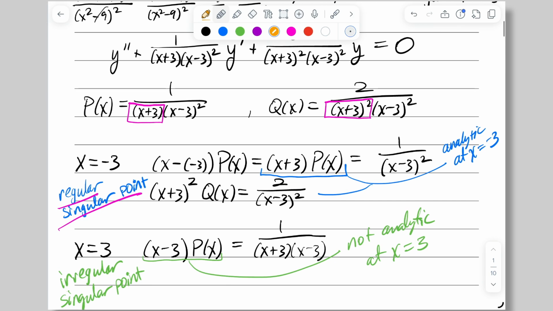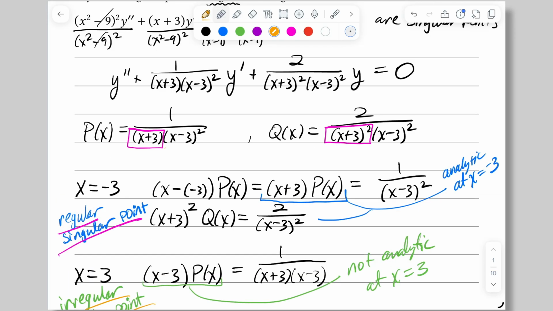For an irregular singular point, we'll see a factor in the denominator of p of x that does appear with an exponent bigger than 1, or, we didn't see it this time, a factor in the denominator of q of x with an exponent that's greater than 2.